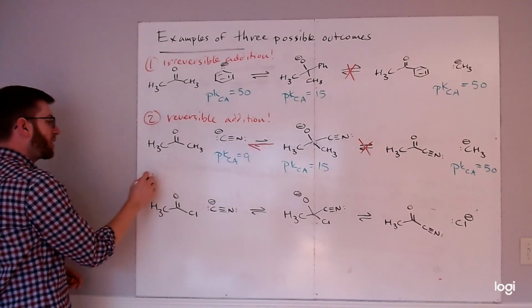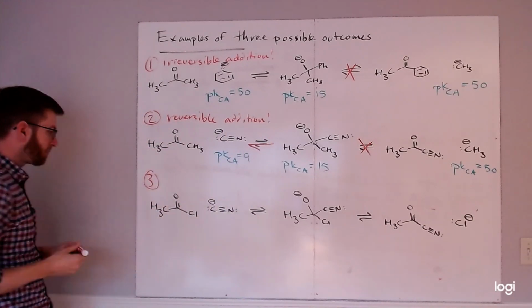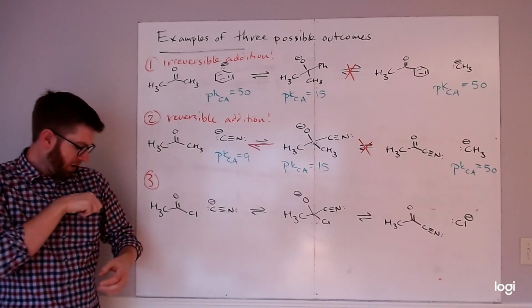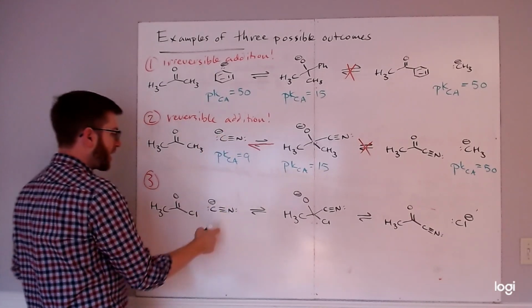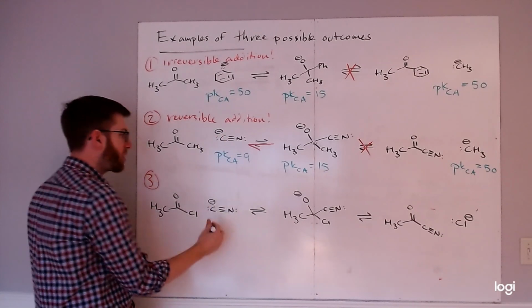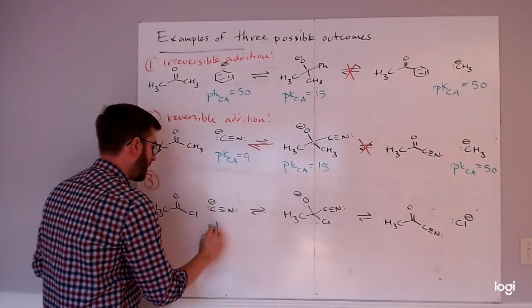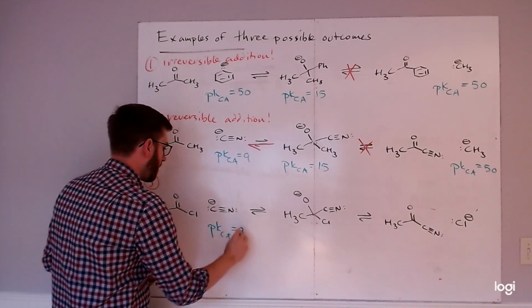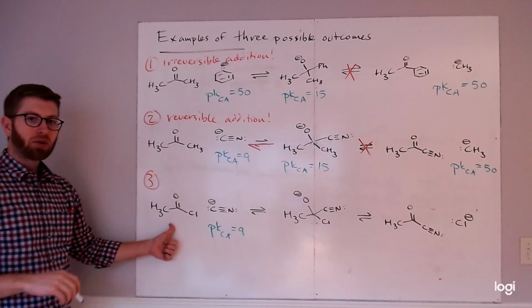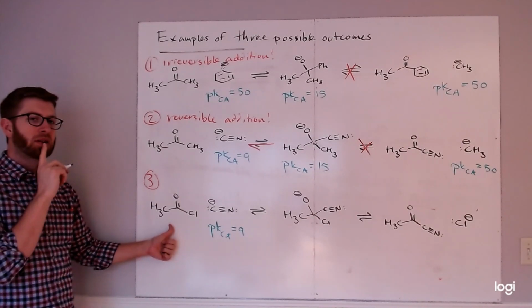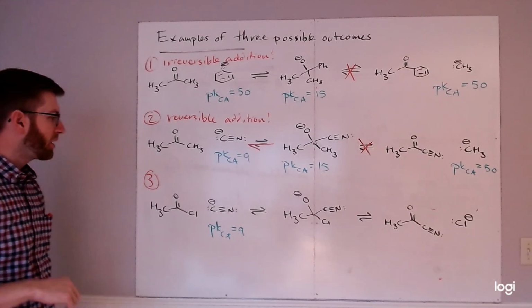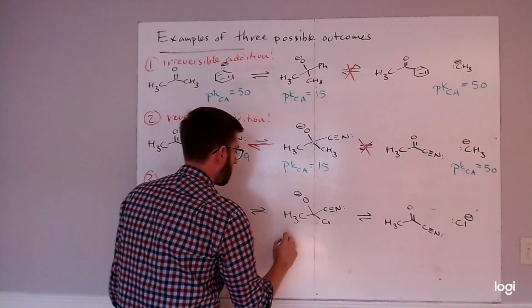And then finally, we could look at our third reaction here, and we'll play the same game. So our pKa now, again, we're using the same cyanide, so we know it's pKa already. And now we're using an acid chloride. That sounds a little bit like a tip-off about what might be happening here. Here's our tetrahedral intermediate.